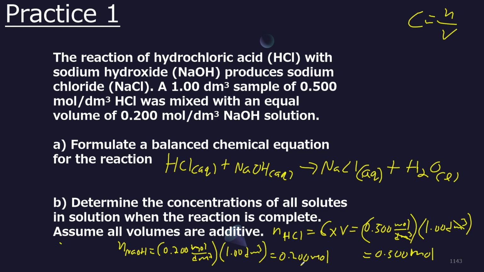All right, then we can consider the ratios here. In our balanced chemical equation, the ratio of HCl to NaOH moles is 1 to 1.